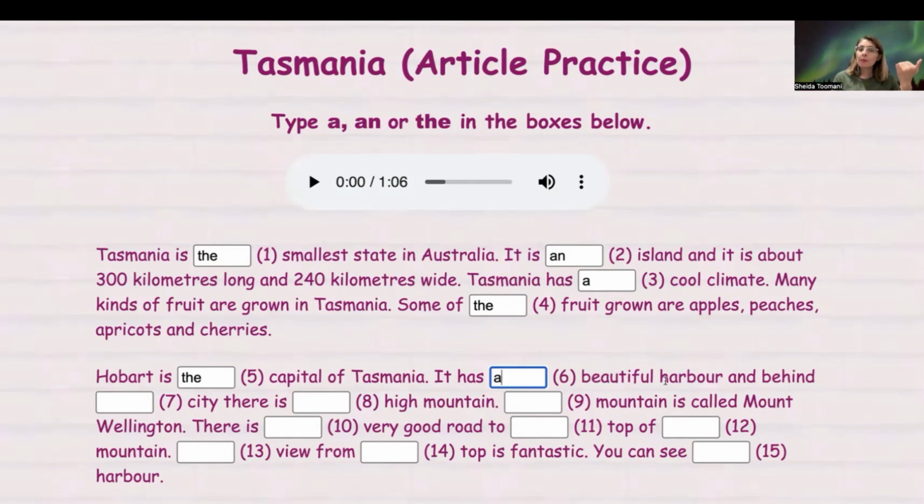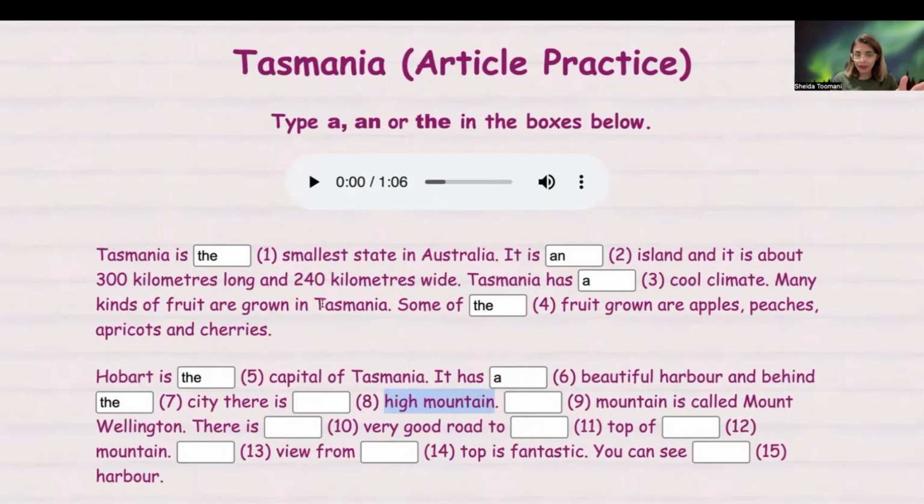So it has a beautiful harbor, and behind city, which city? We have Hobart. So it's already mentioned. So it is familiar, it is known. We can say behind the city, there is high mountain. Again, high mountain. It's a noun group. It is singular.